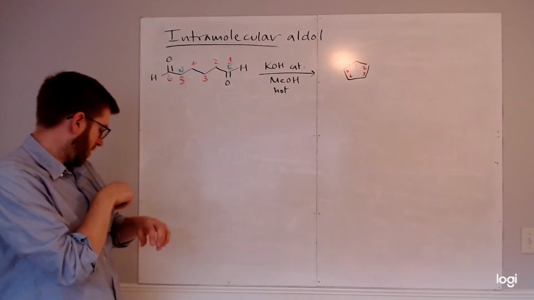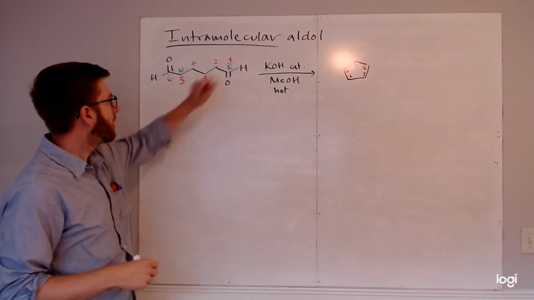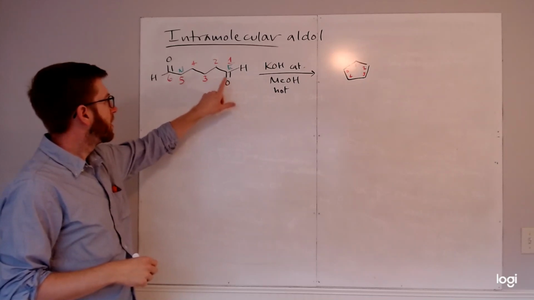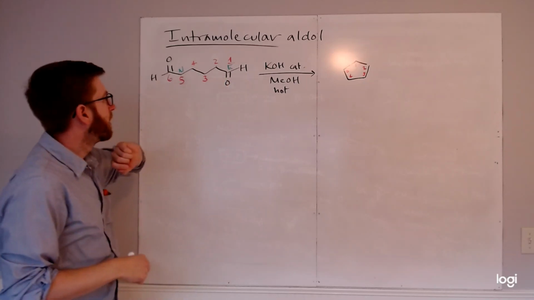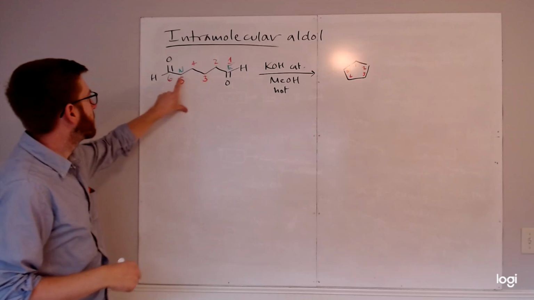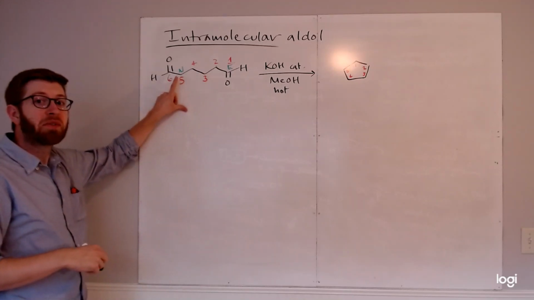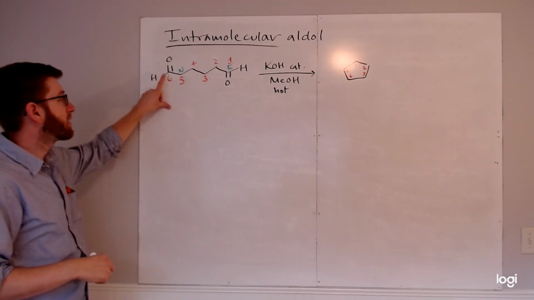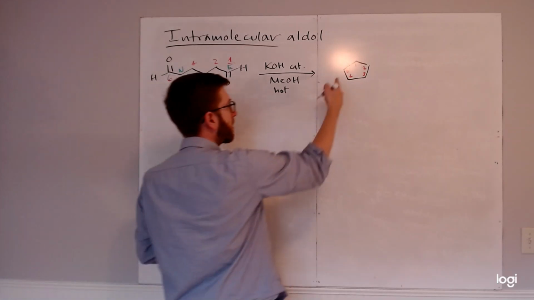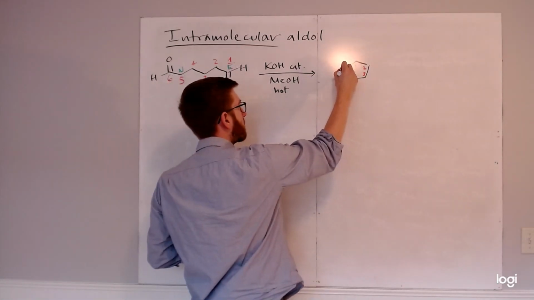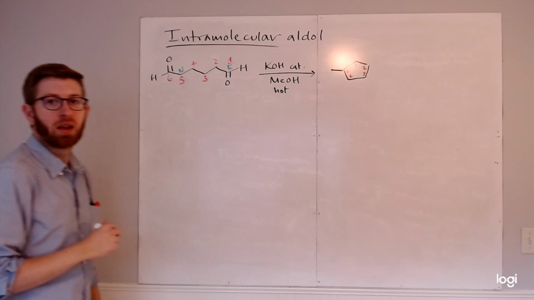clockwise. So carbon 1, we know, is no longer going to be a carbonyl. We know that carbon 1 is attaching to carbon 5, and that carbon 5 is attached to carbon 6. So on carbon 5 in my ring, I need to draw a carbon coming off the ring.